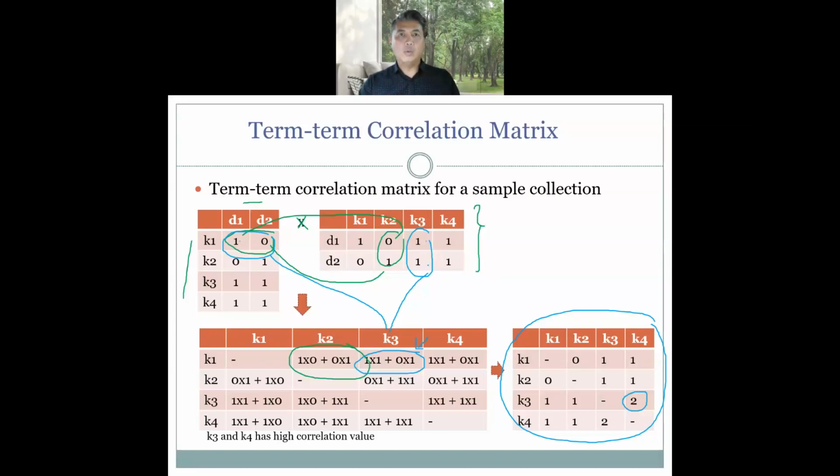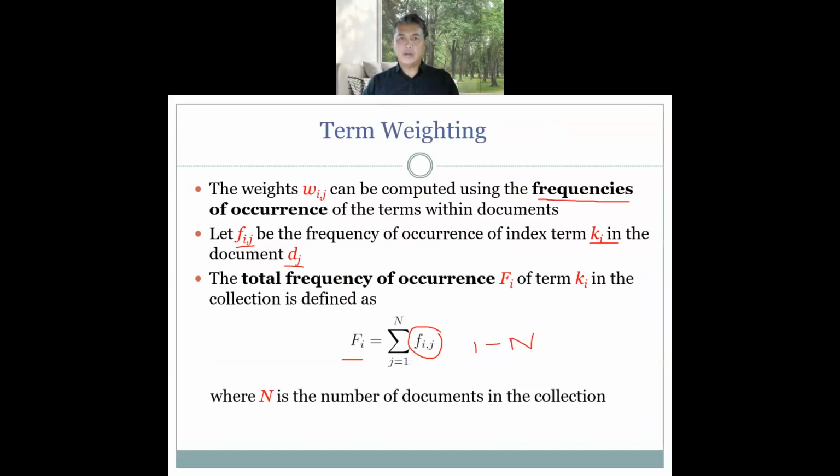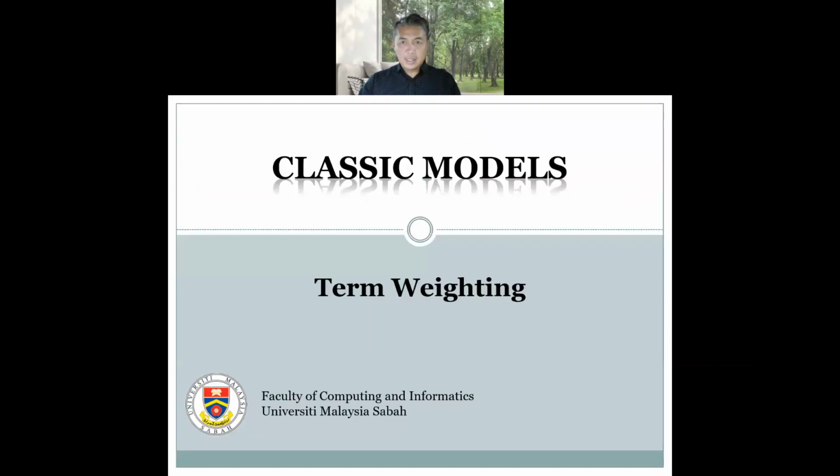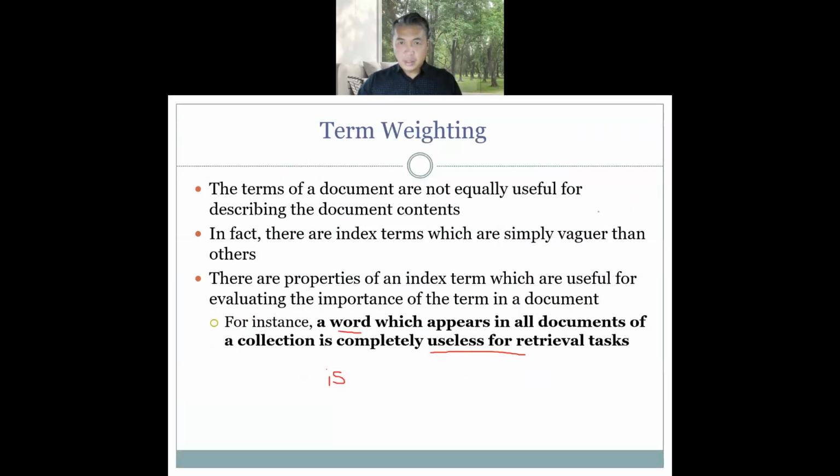So for the previous one, the term weighting, we are looking at the frequency of the term. Okay. Look carefully at this one. It says that, for instance, a word which appears in all documents of a collection is completely useless for retrieval tasks.